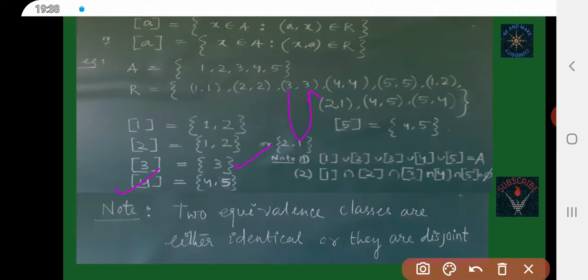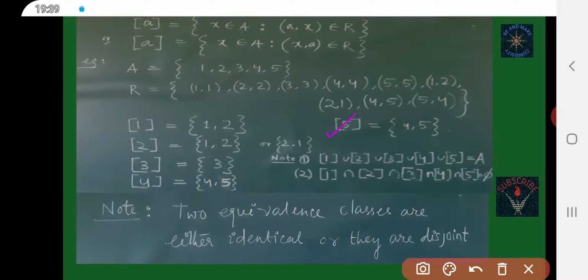Now come to find the equivalence class of 4. Means all elements related to 4. So here you see 4 is related to 4, okay, and 4 is related to 5. So the elements are 4, 5. So this set is your equivalence class of 4.